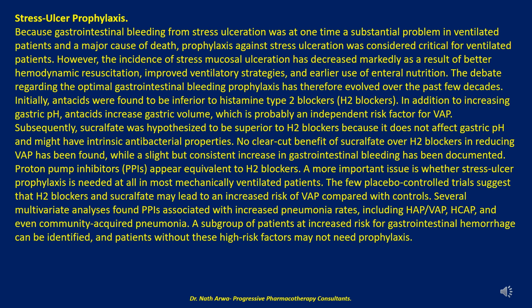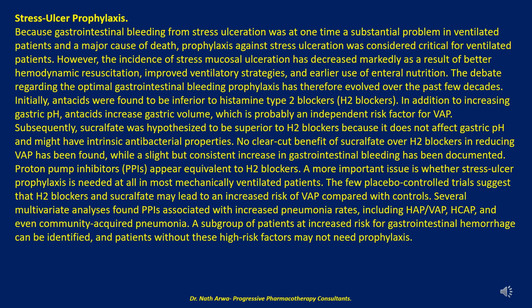A more important issue is whether stress ulcer prophylaxis is needed at all in most mechanically ventilated patients. The few placebo-controlled trials suggest that histamine type 2 blockers and sucralfate may lead to an increased risk of ventilator-associated pneumonia compared with controls.